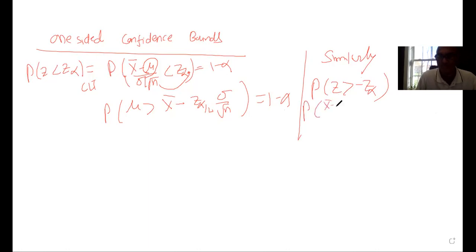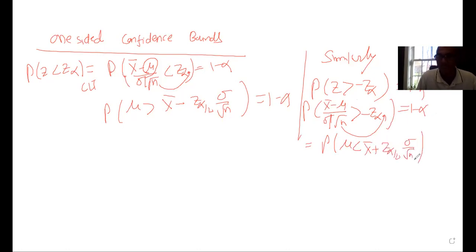So the probability of x bar minus nu over sigma over square root of n is greater than negative z alpha, and keeping this one to the other side, you're going to get the probability of nu less than x bar plus z alpha and sigma over square root of n, that is equal to 1 minus alpha.